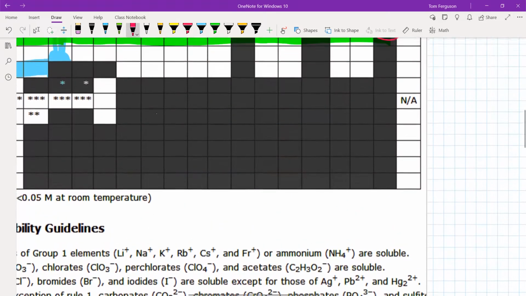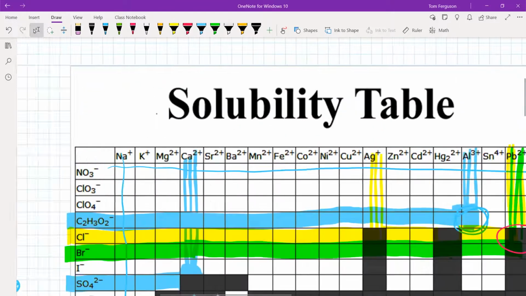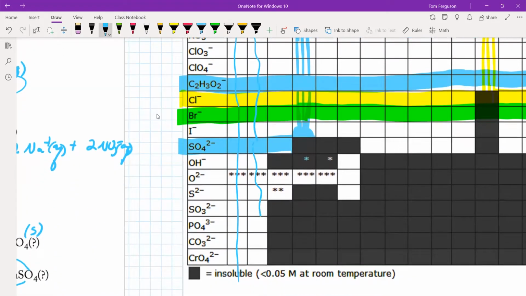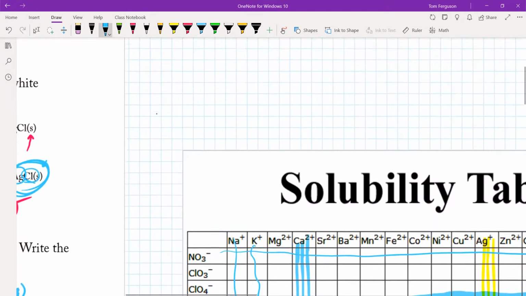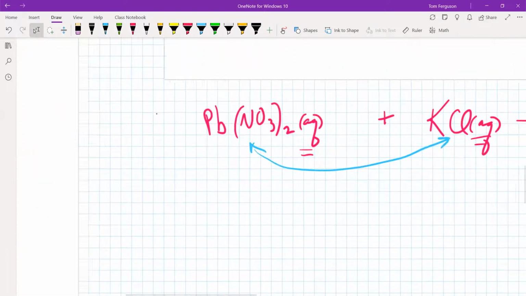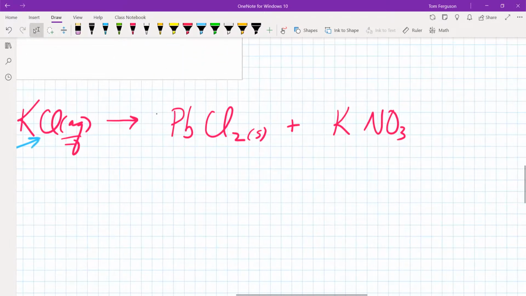Potassium, you already mentioned. It's white all the way down, so it doesn't form a solid with anything. So that means that's going to be aqueous.